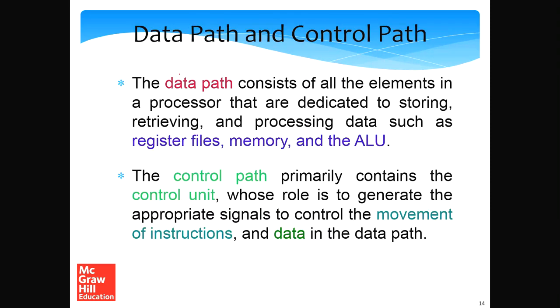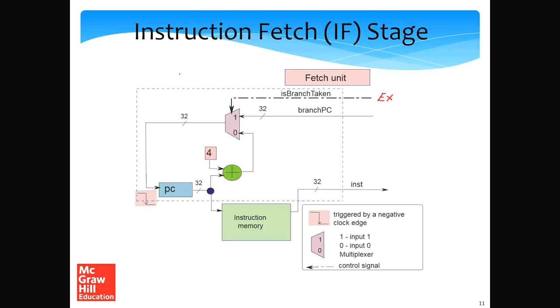If you see the IF stage, you can see that there are two inputs which are coming from the EX stage. One is the branch PC and one is this branch taken. So essentially we are making a choice between PC plus 4, which is the default next PC, and the field called branch PC, which is essentially the target of the branch for a taken branch.